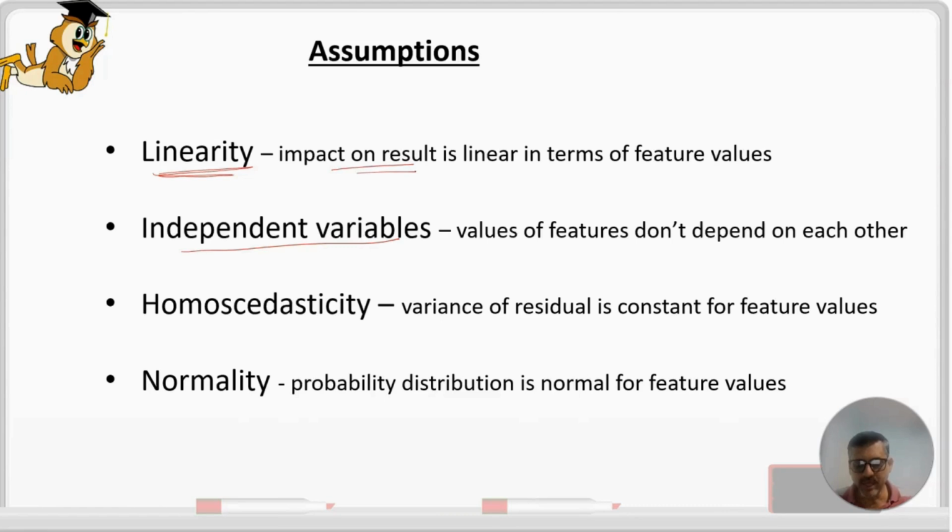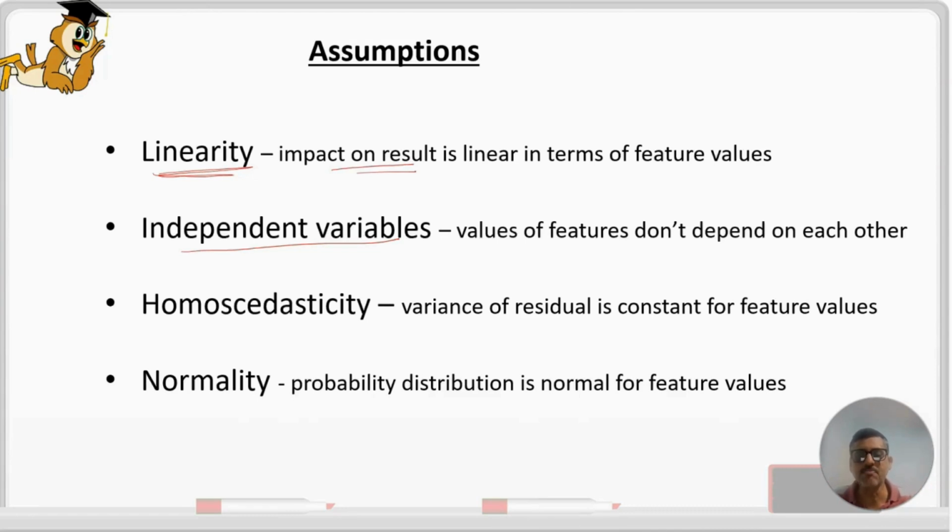You could make an error in recording a feature variable. The resulting error in the output due to that error does not change depending upon where in the scale of the feature variable value you are. So that is homoscedasticity.